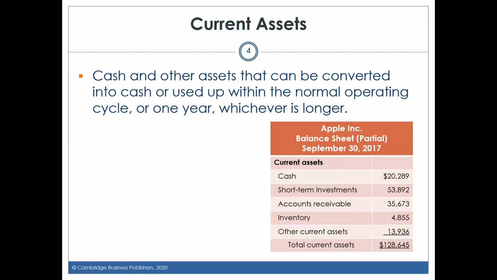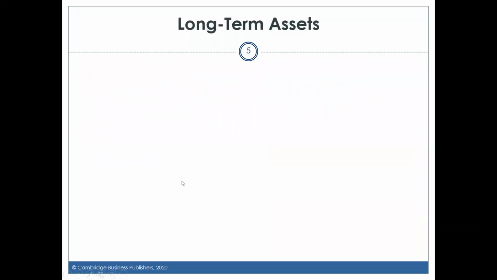Say they've invested in stocks of other companies and they intend to sell those stocks for cash within a year. Then that would be classified as a current asset. So accounts receivable, inventory, other current assets like prepaid rent, prepaid insurance, prepaid whatever, supplies, for example. And you try to list them in order of liquidity.